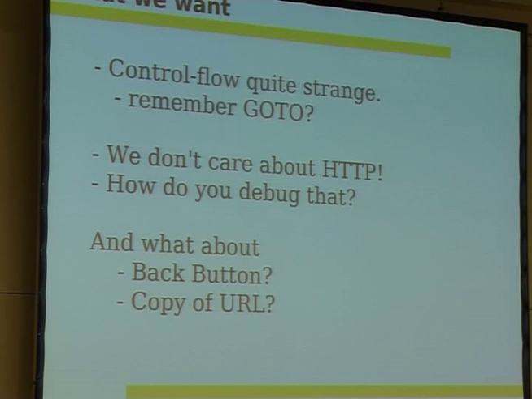So in a way, programming HTTP-based applications is a lot like the old GoTo programming. We go to a new page, and we need to know where to go back to and where we came from. We need to marshal all the parameters by hand, and that's really a lot of work that we don't want to do. So we want to do it somehow more intelligently.